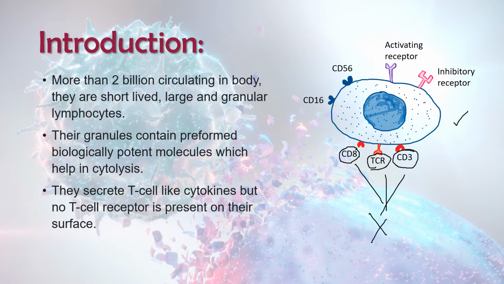The natural killer cells do not express these surface markers, which are CD8, TCR (T cell receptor) and CD3, which are present in T cells. So they are differentiated from the T cells as they do not possess these three types of surface markers. There is no CD8, T cell receptor and CD3.